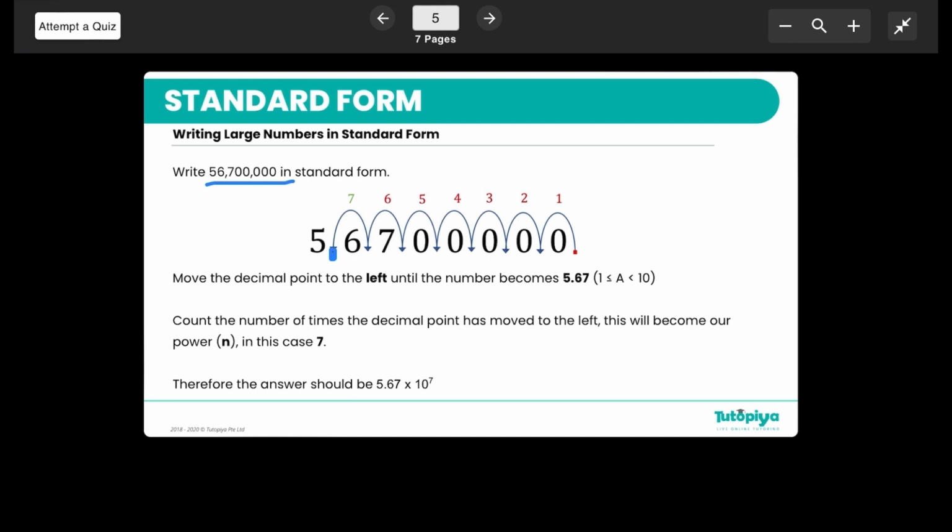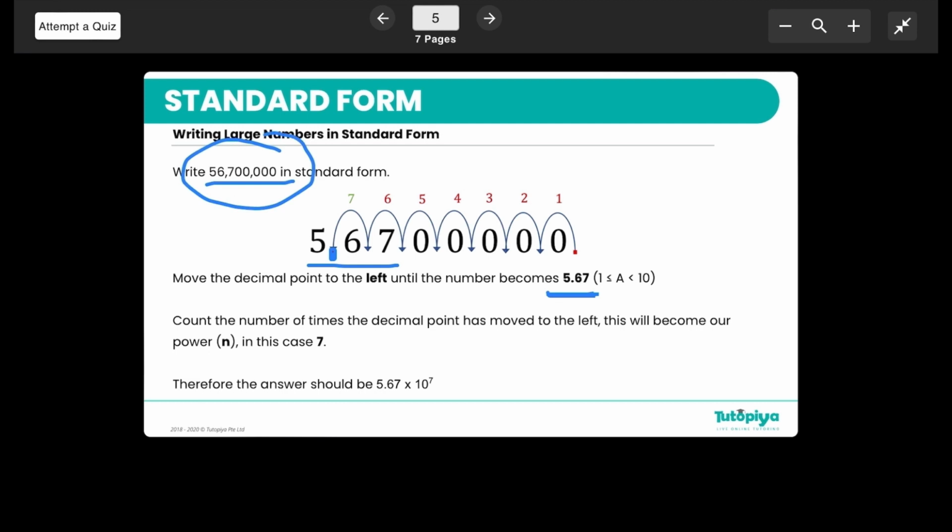When I put this between 5 and 6, now you can see that the value can be written as 5.67, and this value is between 1 and 10. So then how do I decide times 10 to the power of what number shall I have there for n? Well, from the decimal point, how many jumps does this need to take in order to become the original number?